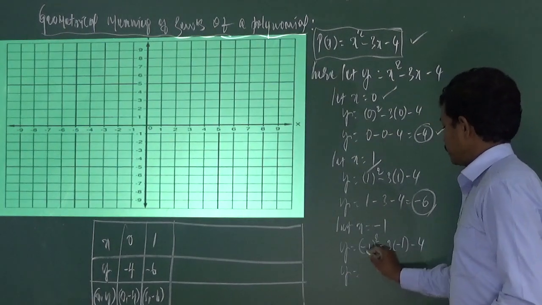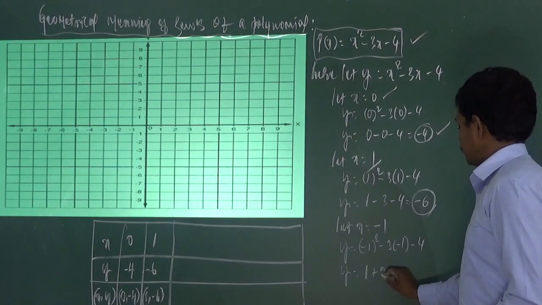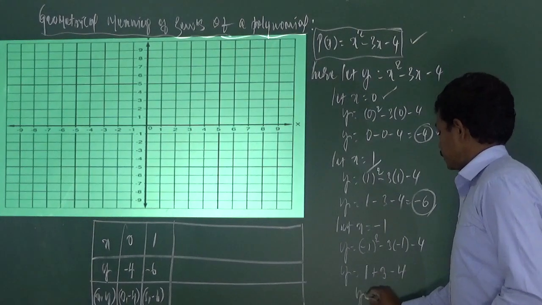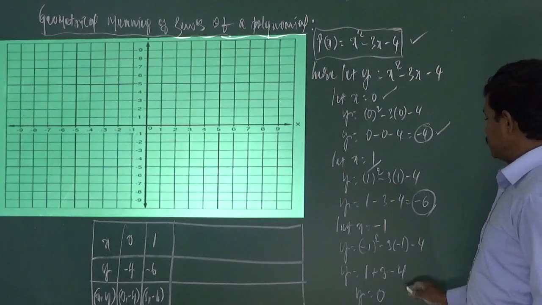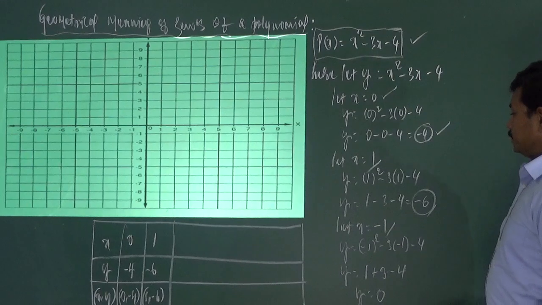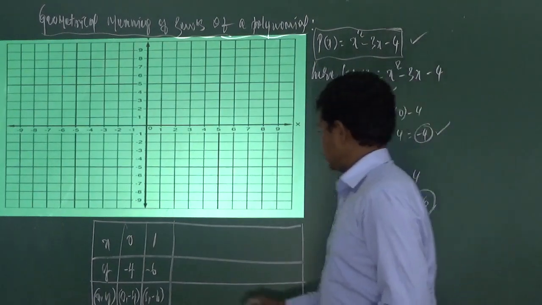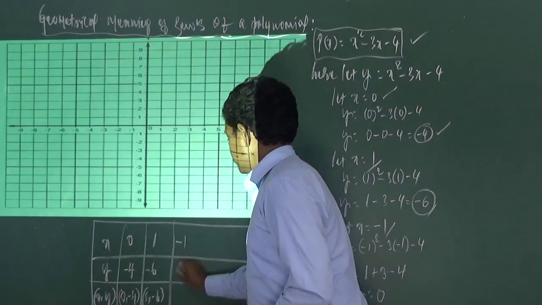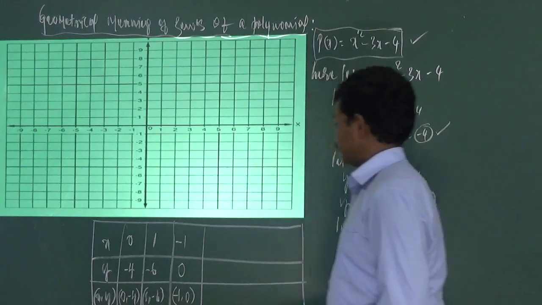So y is equal to minus 1 whole square is 1, minus into minus is plus, 3 1s are 3, minus 4. So y is equal to 3 plus 1 is 4, 4 minus 4 is 0. So y is equal to 0. If you give x is equal to minus 1, we get y is equal to 0. So minus 1 comma 0. So this is the third coordinate.